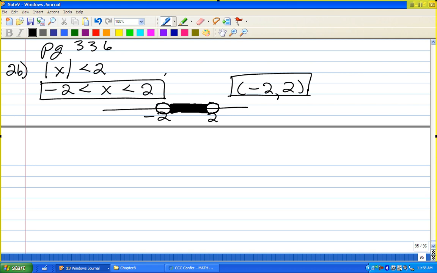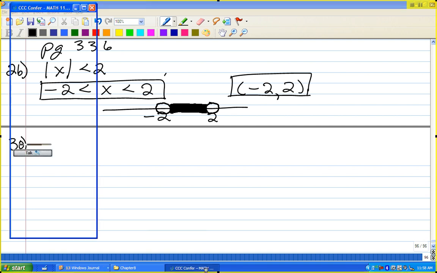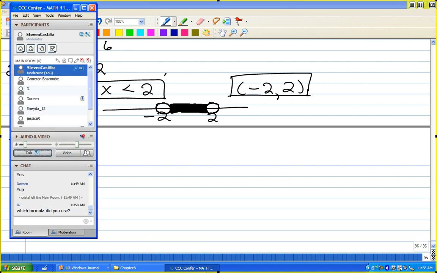Let me do problem number 30. So just remember that whenever you have a less than or less than or equal to, you can just use that simplifying notation. If we allowed the non-standard notation, you could also use the non-standard notation. Which formula did you use? The very first one.